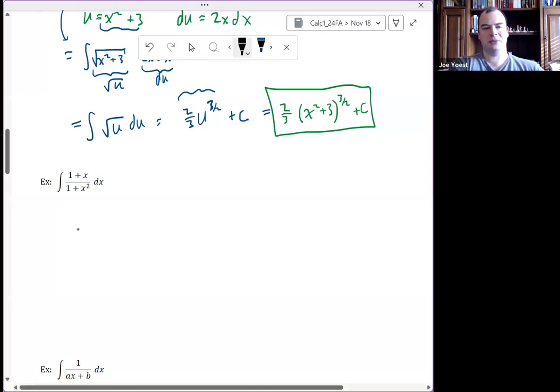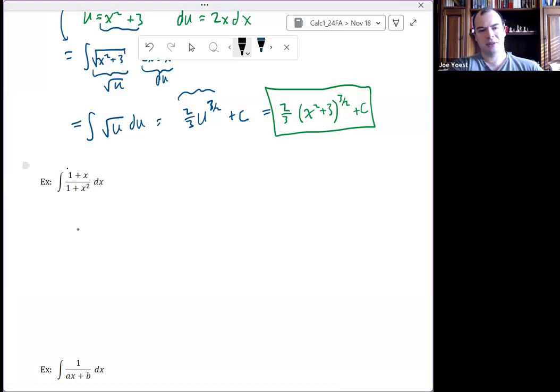Can I do any algebraic simplification? Well, actually, I can break this fraction into two fractions, right? And remember, the integral of the sum is the sum of the integrals.